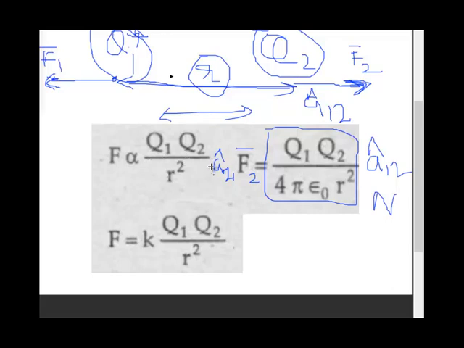So if you compare F1 and F2, there is a difference of only the unit vector, the magnitude will be the same. We can write mod of F1 equal to mod of F2. And if I remove the mod, then F1 equals minus F2, because they have opposite directions. Opposite direction can be represented by a minus sign.